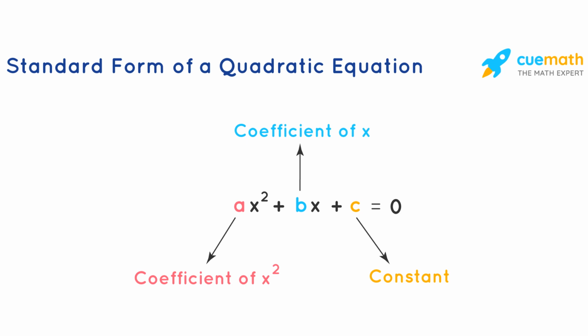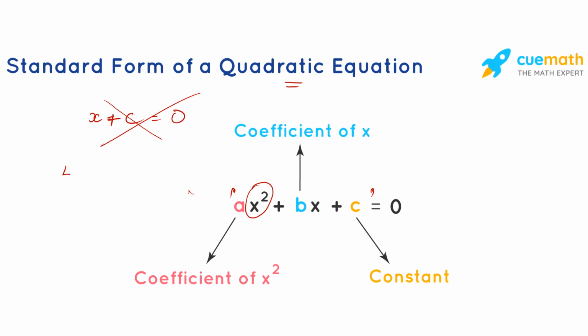Now, whenever any equation is written in this form, it is said to be a quadratic equation. The key is this x square. If an equation is written in the form of x plus c equals 0, it is not a quadratic equation.